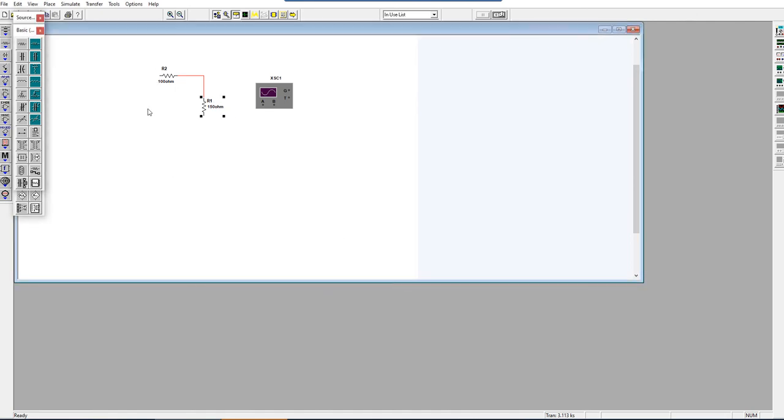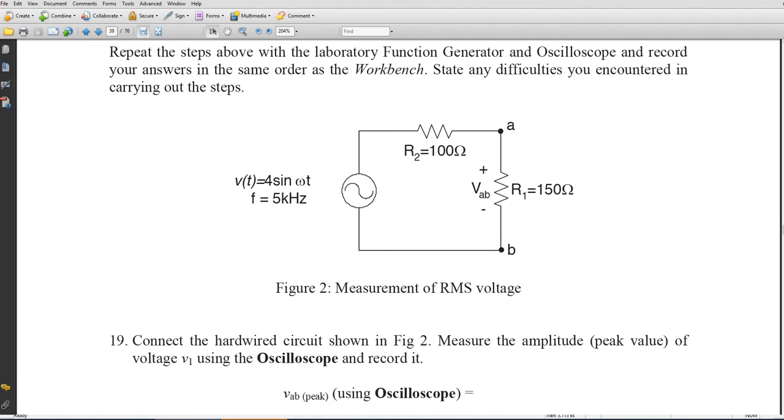Now I have to put an AC source. I go to the sources icon here, and this is the AC source. Just build the circuit as we did previously. Put a ground. Now I have to measure a voltage here. According to the manual, we have to put one end here and the other end here.